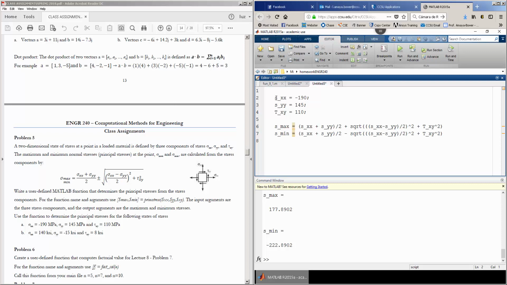To save it, once again, we identify the inputs. So these 3 values are the inputs. This is an input, this is an input, and this is an input. These 2 are going to be outputs, and this one is also going to be an output.